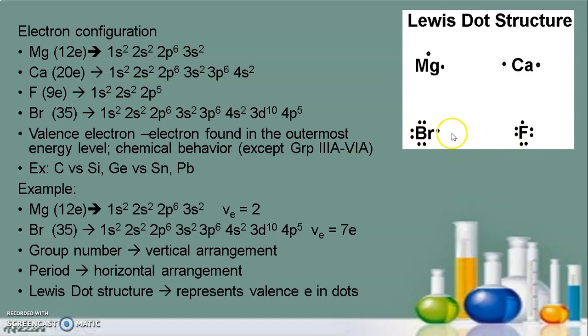In the octet rule, for an element to be stable, it must possess 8 valence electrons. The paired electrons here are what we call a lone pair. If it is a lone pair, it does not have the capacity to bond with other electrons.